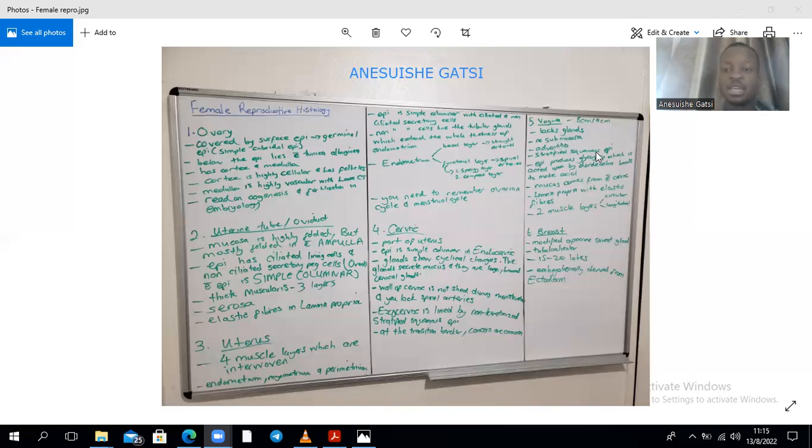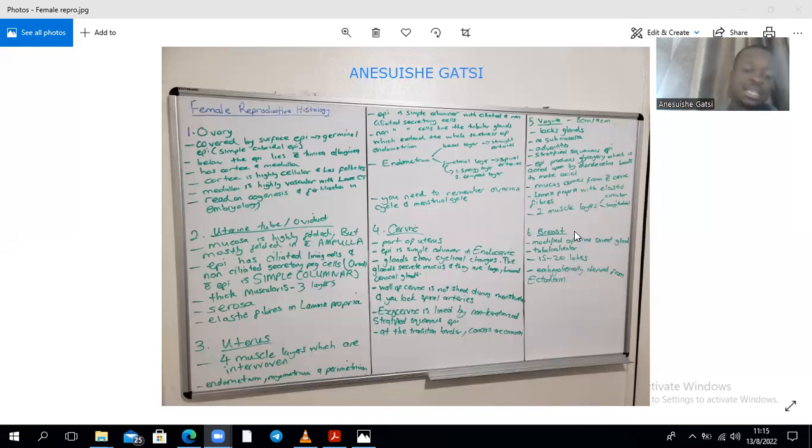Then you also have a muscular layer and an adventitial layer on the outside, right? The muscular layer will have 2 layers, sometimes 3, but you have a circular and a longitudinal layer. Then the adventitial layer is the one on the outside.